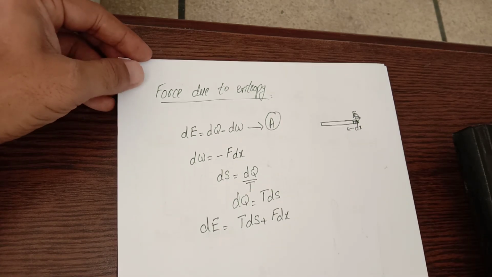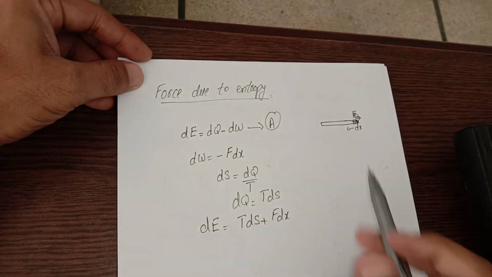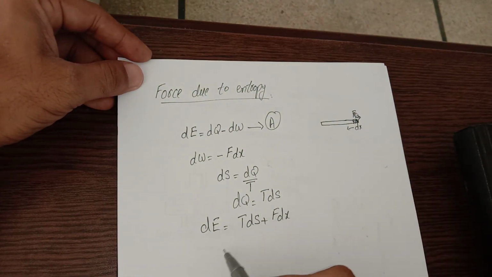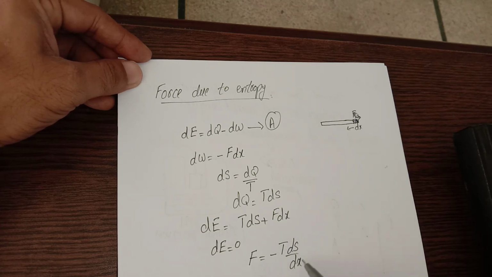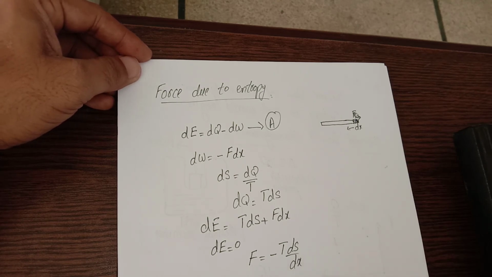If the stretch in the rubber is very small, the change in internal energy would be zero. This shows us that force in this case would be equal to minus T dS by dx. The temperature is constant, so the force depends upon the change in entropy, and this force is against the change in entropy because it is negative of it.